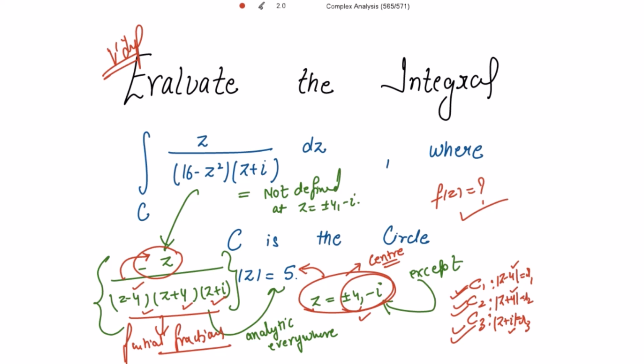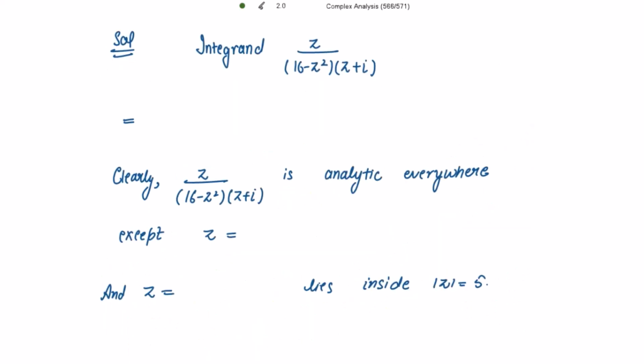Okay, let's start with the solution. We have this integrand. How can I write this integrand? When taking the negative outside, −z divided by (z − 4)(z + 4)(z + i). Now this integrand is analytic everywhere except z = 4, −4 and −i.